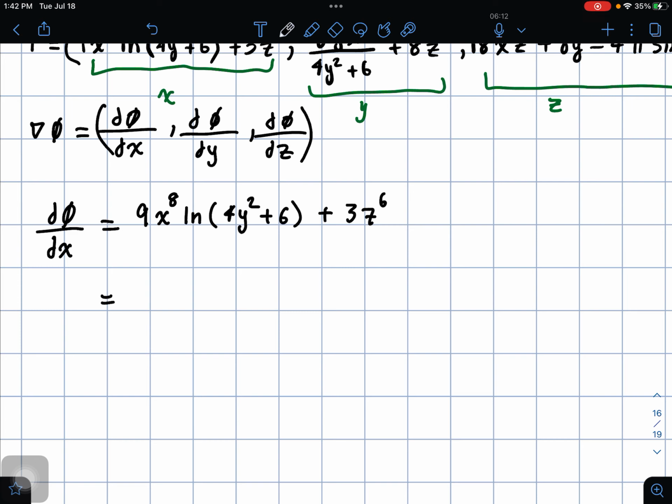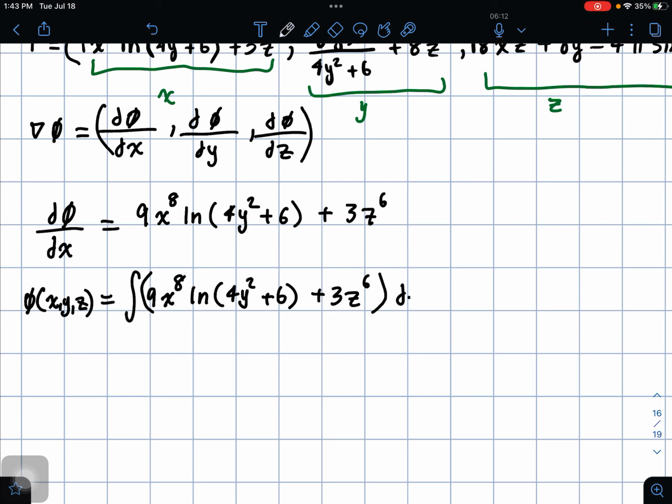We've never even talked about this, but it's like a new concept. Okay, so that's to get phi, right? And this phi is with respect to x, y, and z. So that's the integration of 9x to the 8 ln 4y squared plus 6 plus 3z6, and then it's just dx.